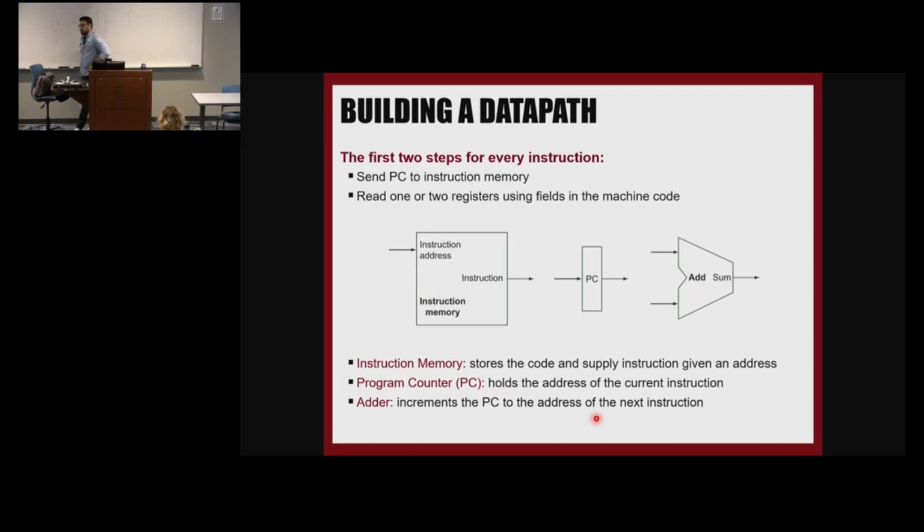Now let's build the data path. Okay, so let's go back a little bit. We mentioned that the first two steps, we send the PC to the instruction memory, we read the instruction, and at the same time we read either one or two registers. Okay, so in this step, these are the blocks that we need.